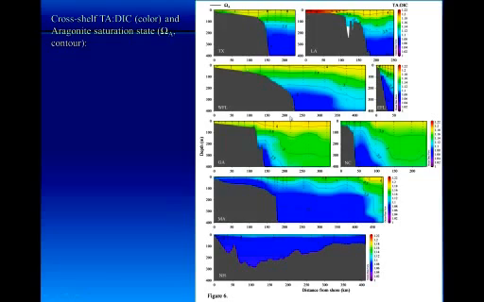One immediate feature from this plot is that you can see in the southern part of the shelf, like in the Gulf of Mexico and the east of Florida and Georgia, the buffer capacity of shelf water is relatively high.